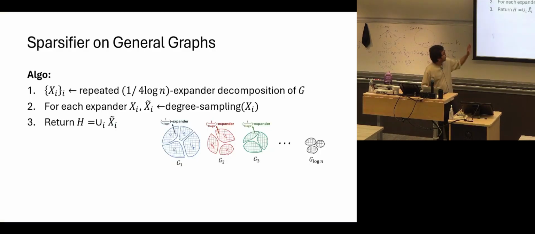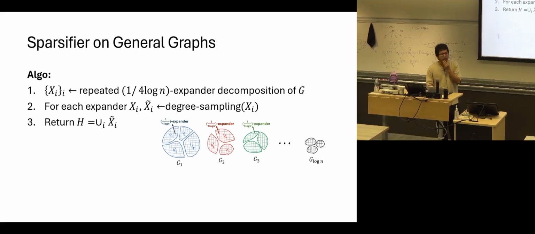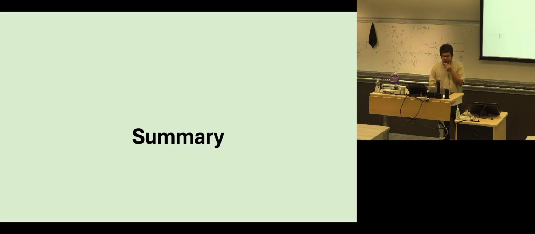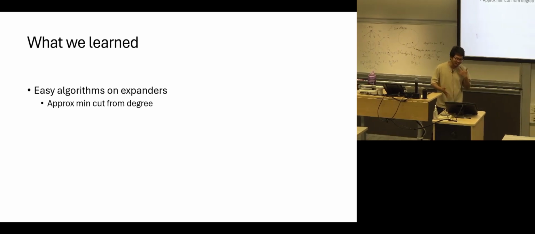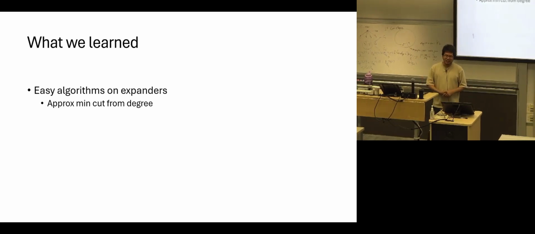Okay, so we now know how to get a cut sparsifier. Let me summarize. What have we learned so far? One point you should get is that algorithms on expanders usually become simplified. Whatever problem you want, as long as it's about cuts, flow, connectivity, it's usually easy.